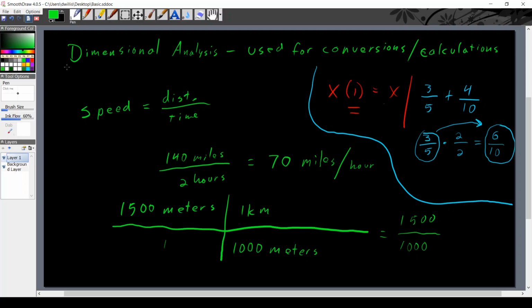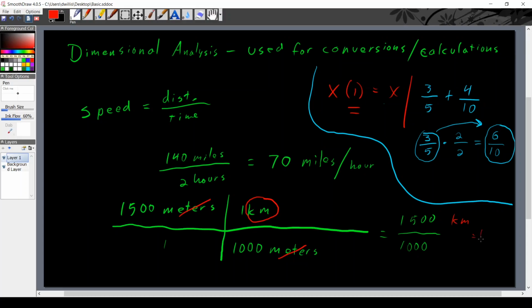Here's what I want you to see. My meters are in both the numerator and the denominator, and so they will cancel out, and I'll be left with only kilometers. So I have 1,500 divided by 1,000. Oh, well, 1,500 divided by 1,000 is 1.5, and I have kilometers as my remaining unit.